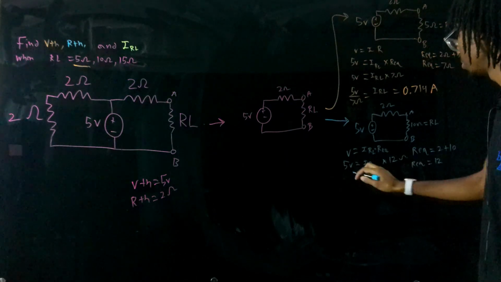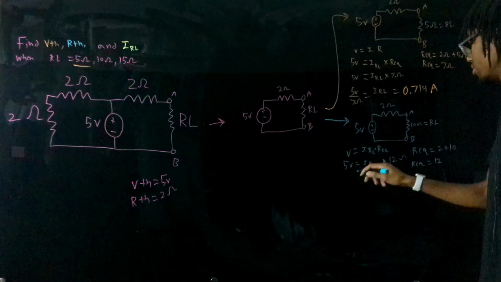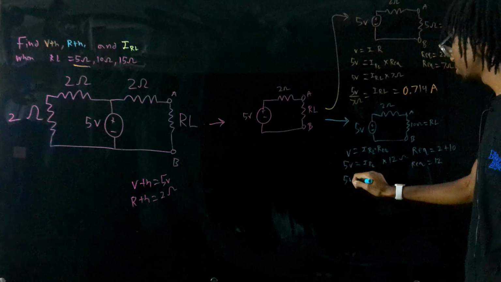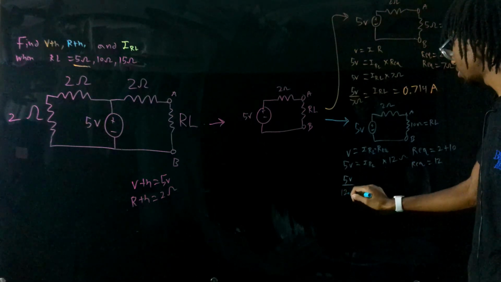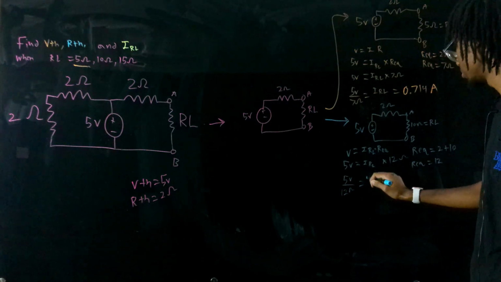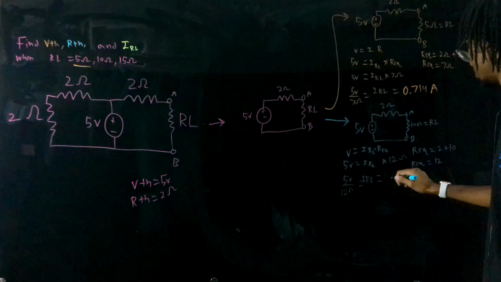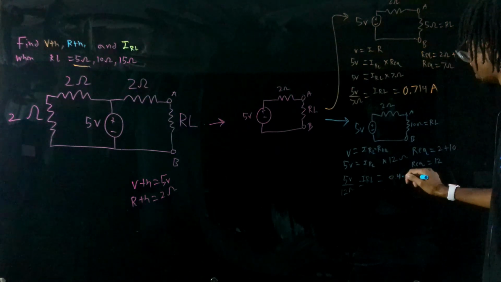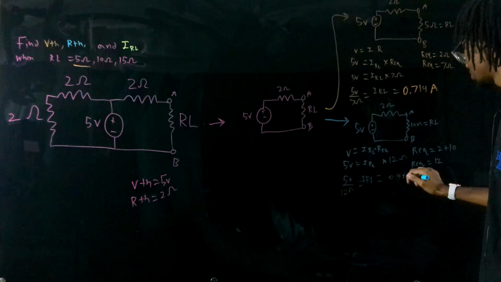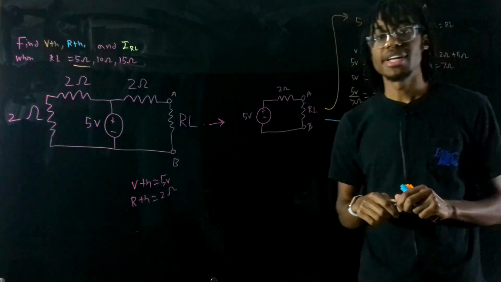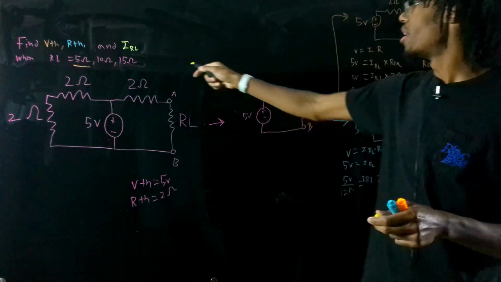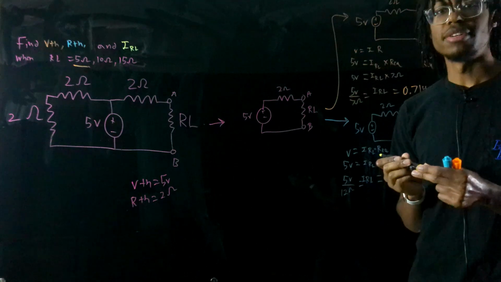And then we will redraw our equation. 5 volts over 12 ohms equals IRL. And this is equal to 0.4 amps.